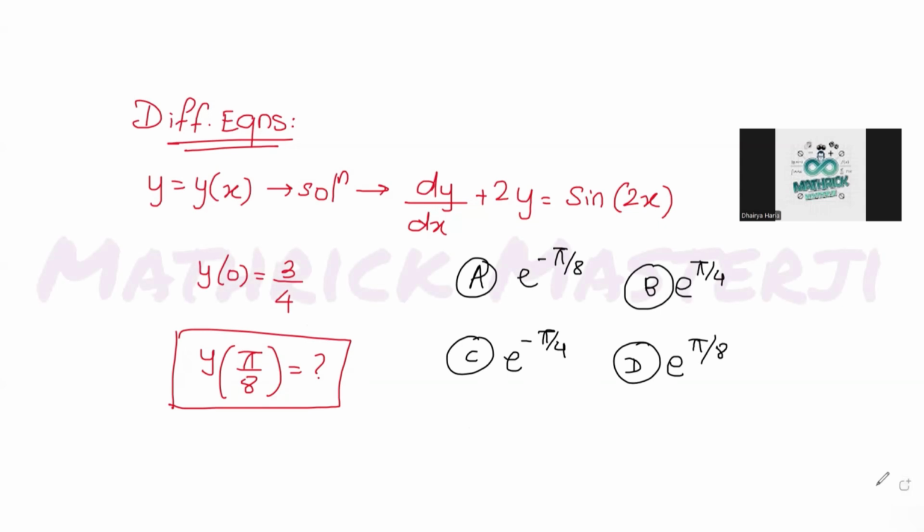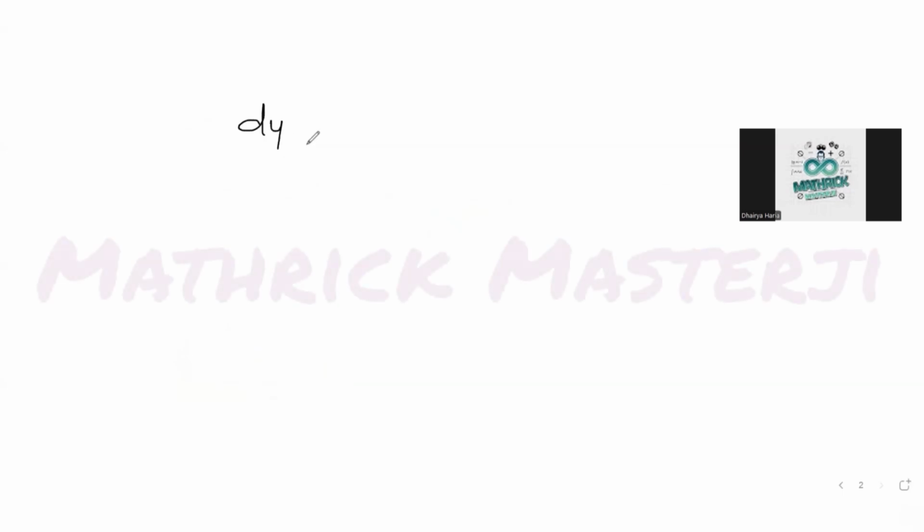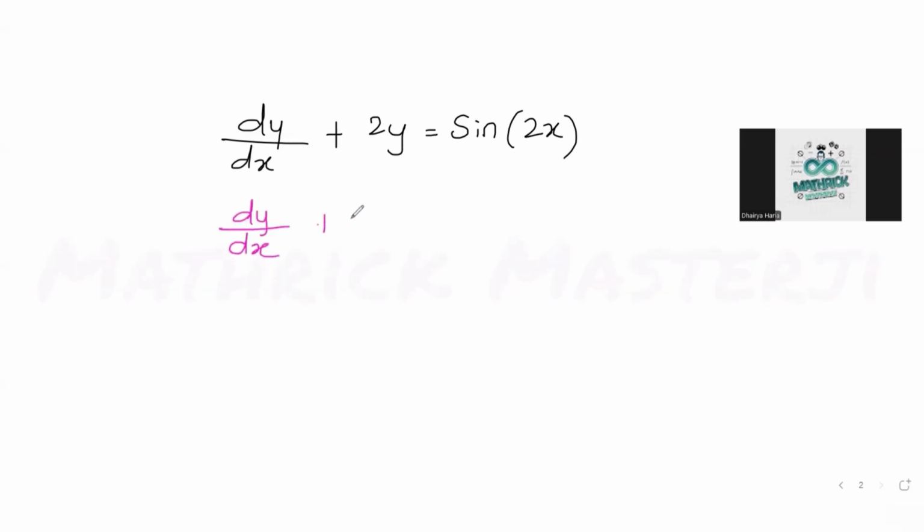I have been given this differential equation, dy over dx plus 2y is sine of 2x. I can compare it with my general form of differential equation, dy over dx plus py equals q.